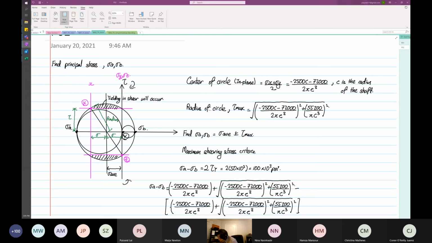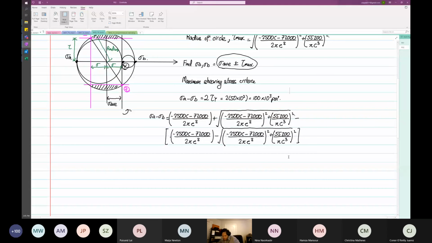This one, the internal, you change to a minus sign because stress A and B is stress average plus or minus the shear stress. So the only thing that will happen now is you will have this function, so these two can be taken out. Minus becomes plus. So you have stress A minus stress B equal to twice the entire term over here.